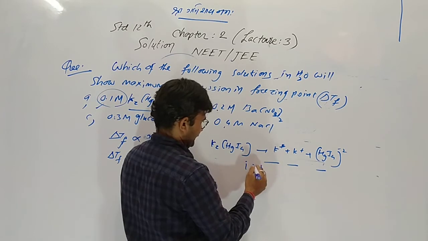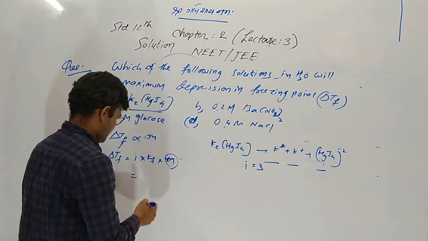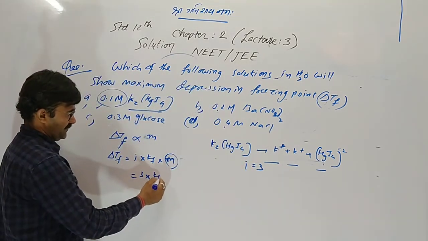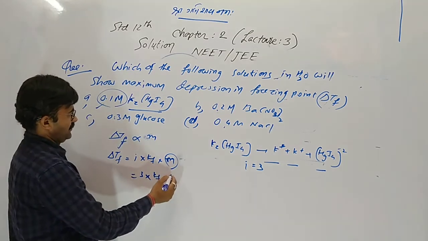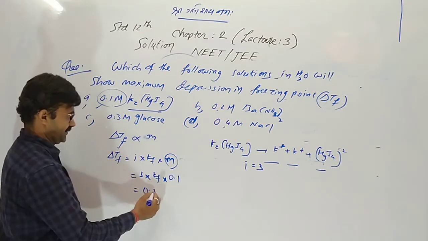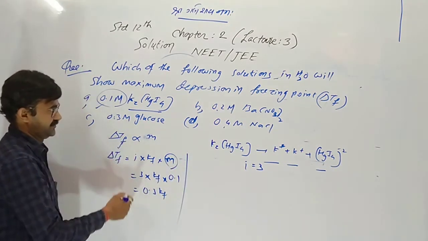So i here is 3. Kf constant, molarity 0.1, so 0.3 Kf for the first one.